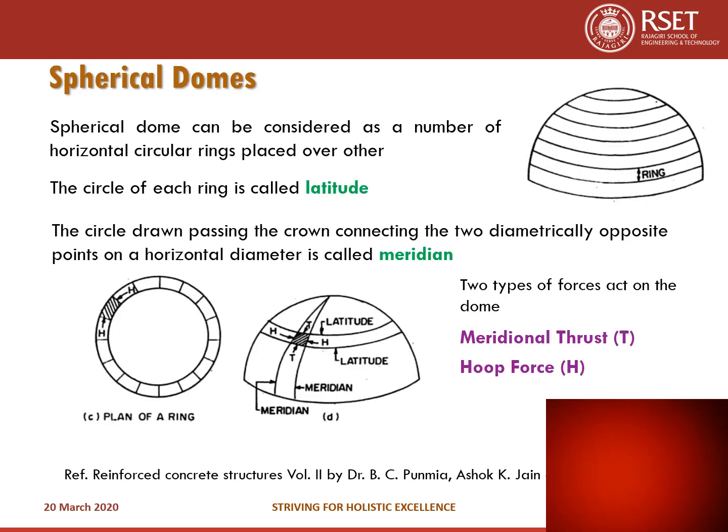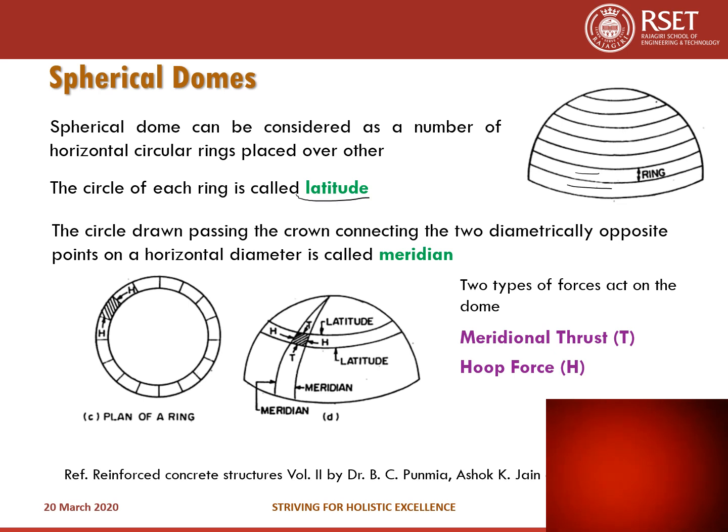Spherical domes we already saw. It is formed by the revolution of a part of a circle over its vertical axis, and it can be considered as several rings placed one over another. The circle of each ring is called the latitude.